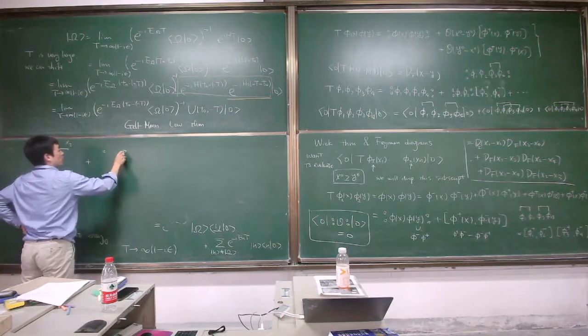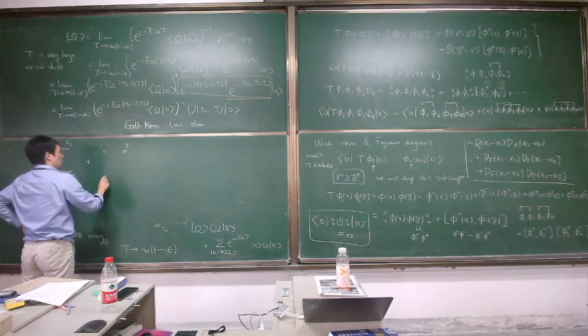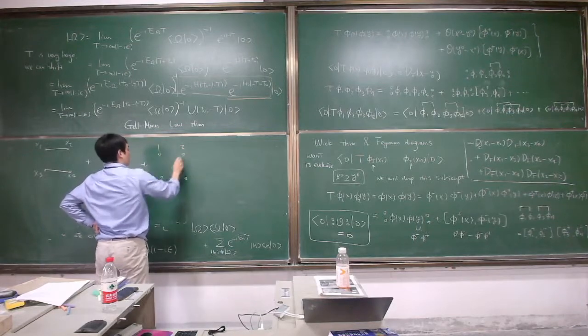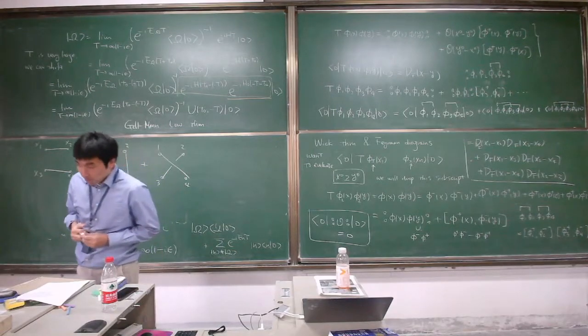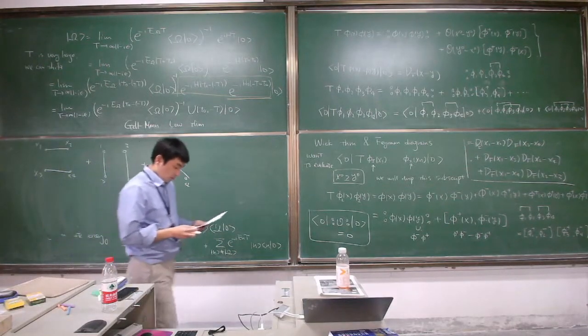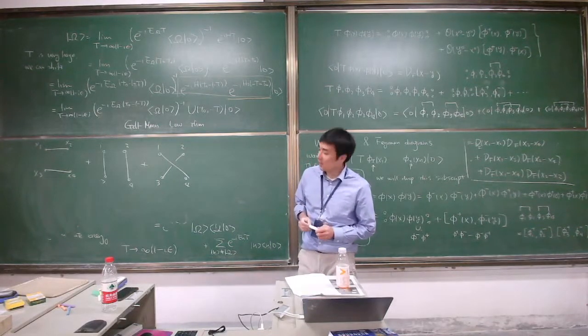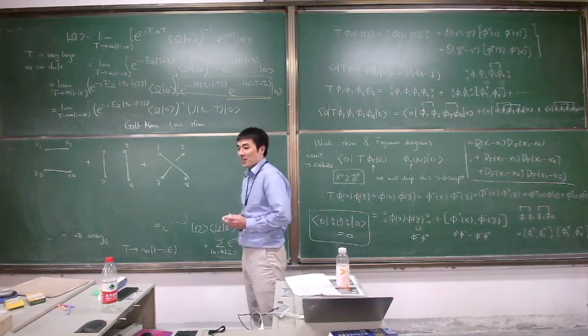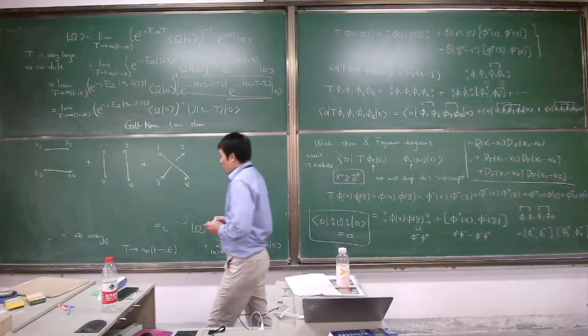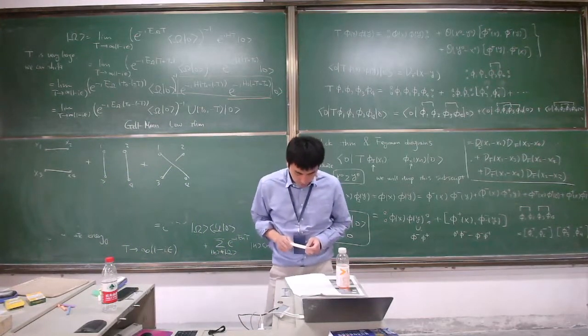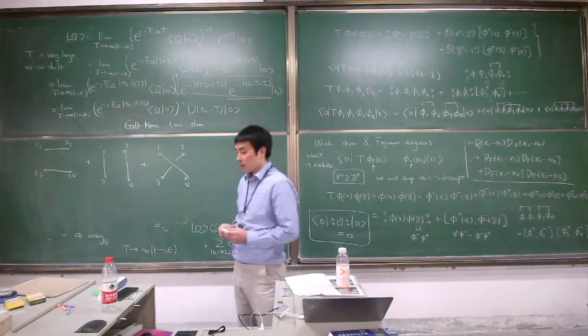And next is 1, 2, 3, 4, like this. So this is the simplest example of the Feynman diagram. It's super simple. And we're going to apply this to the perturbation theory.